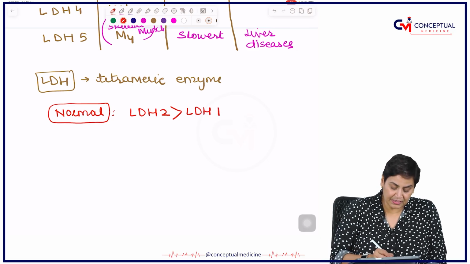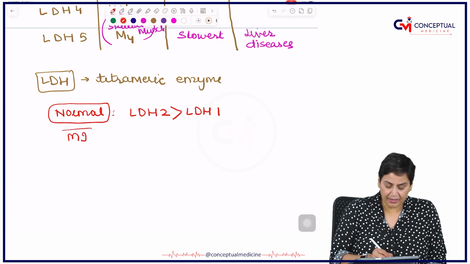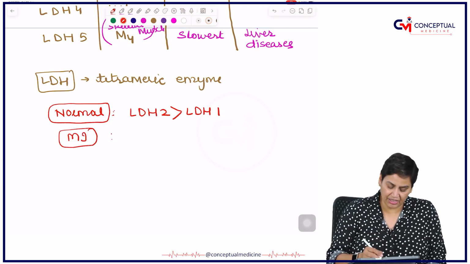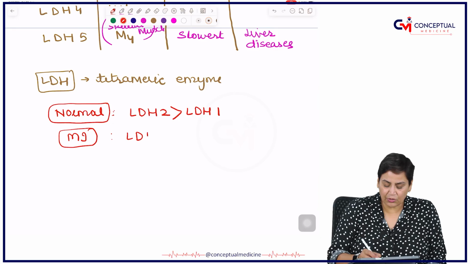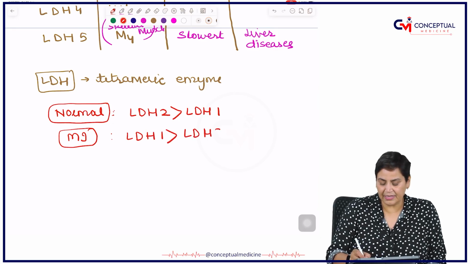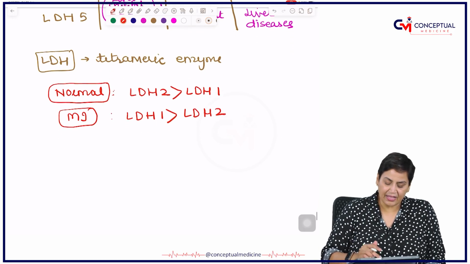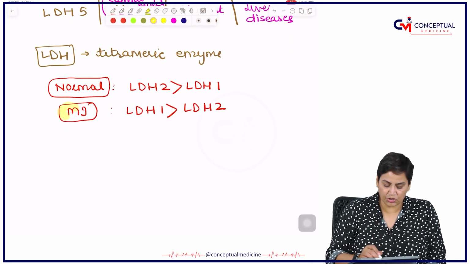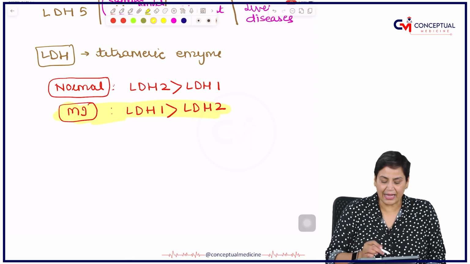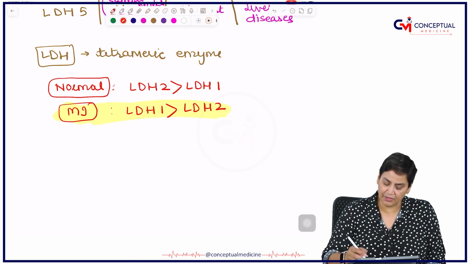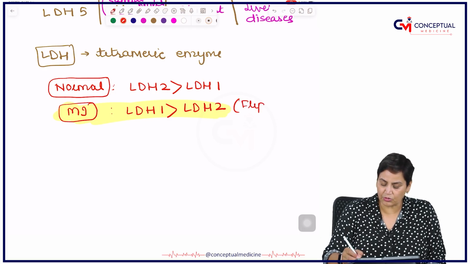But if a person had MI, there will be a change in the ratio, which means LDH1 will increase over LDH2. And that is why this particular ratio in MI is known as the flipping ratio or flipped ratio. Very, very important from the examination point of view also. Flipping ratio or flipped ratio.